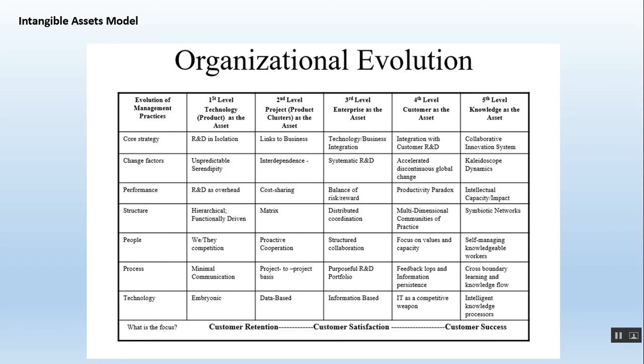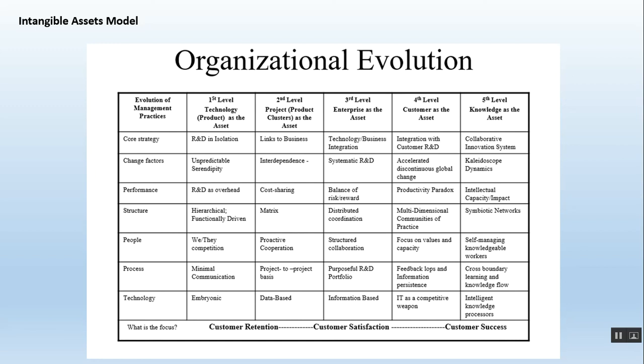You can look at technology, which can go from very basic things like database orientation all the way up to technology as a competitive weapon, or ultimately having your technology just be processing and accumulating knowledge. That's because in that last level 5, knowledge is the asset. So technology would be, how do we keep increasing the amount of knowledge that we have?